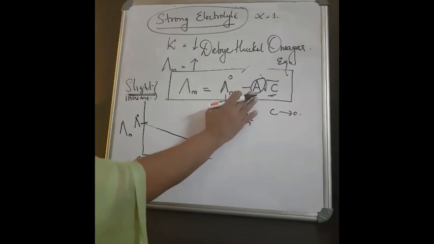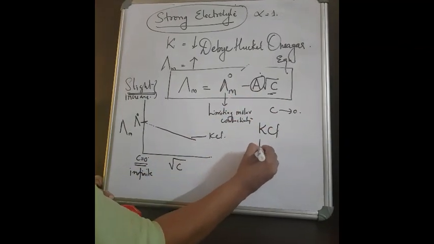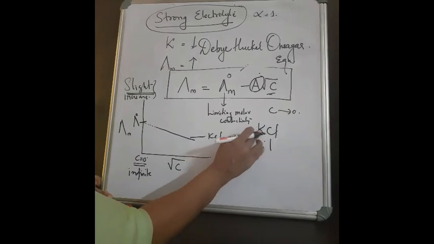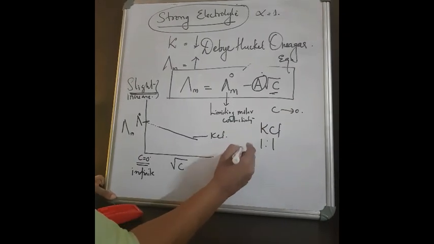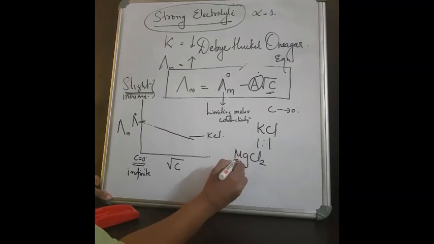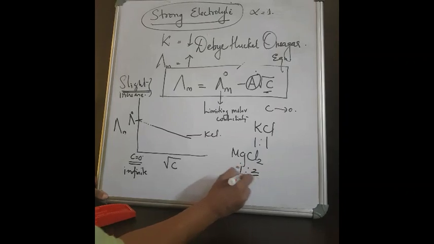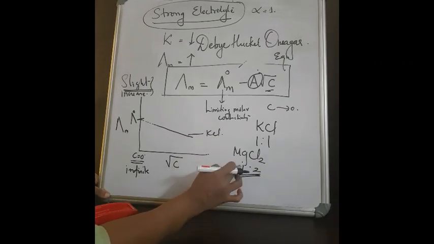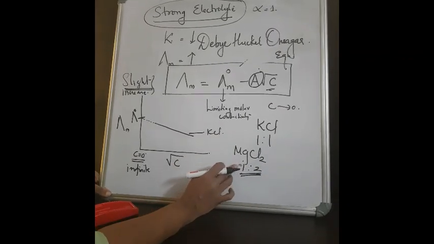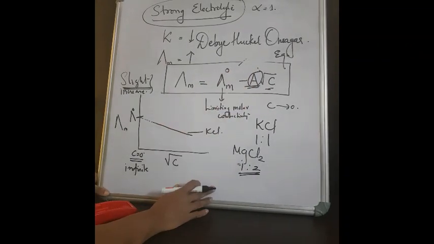Now A is constant for a given solvent. For example, if it is KCl, I can say it is a 1:1 electrolyte because K is 1 and Cl is 1. For example, if it is MgCl2, all are ionic solutions, remember, this is Mg2 plus, so it is 1:2. Correct. So these types of electrolytes are there, and A must be constant for a given electrolyte.